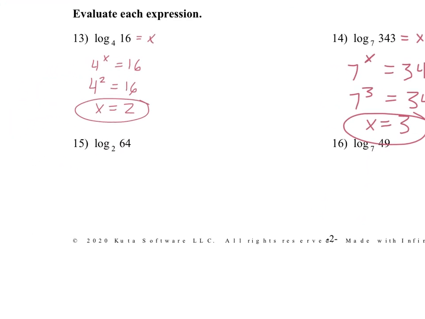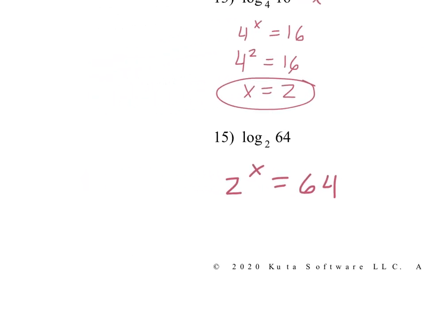Number 15, 2 raised to the x is equal to 64. Let's see, if we have 2 squared, that would be 4. 2 cubed would be 8. 2 to the 4th power would be 16. 2 to the 5th power would be 32.